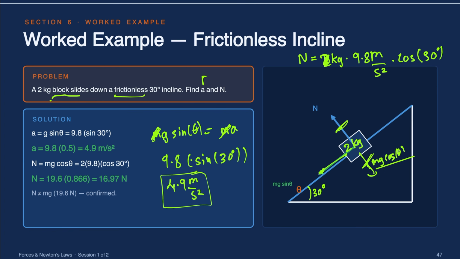So if I pull out my calculator to do this, first 2 kg times 9.8 times cosine 30. So around 16.97, yeah, just 17 newtons.